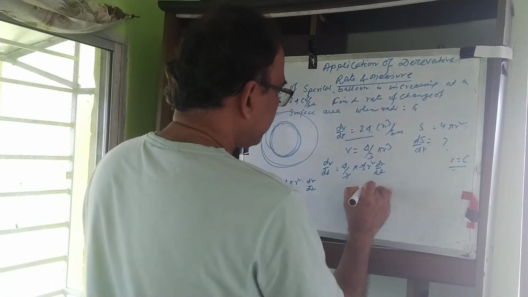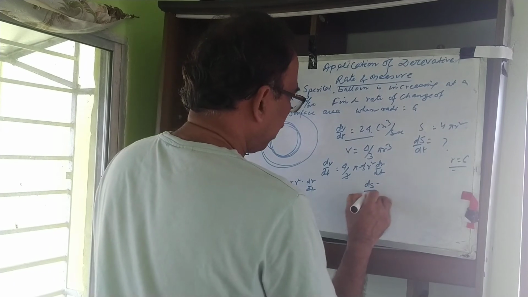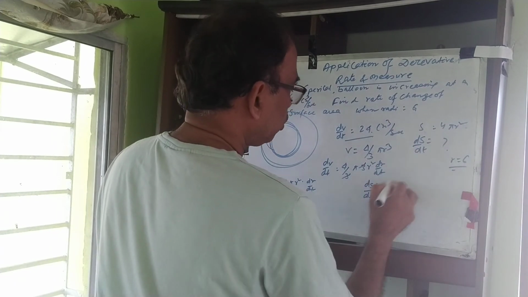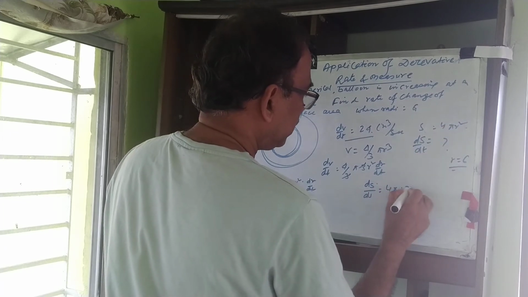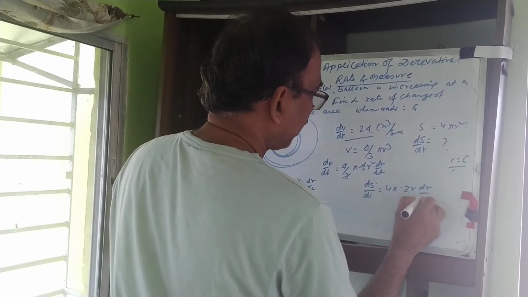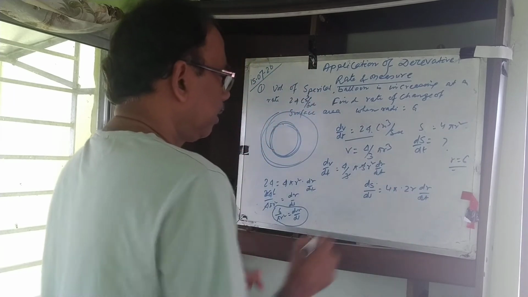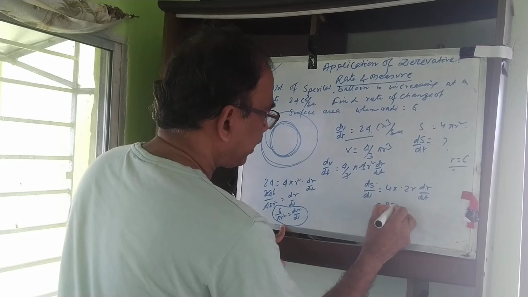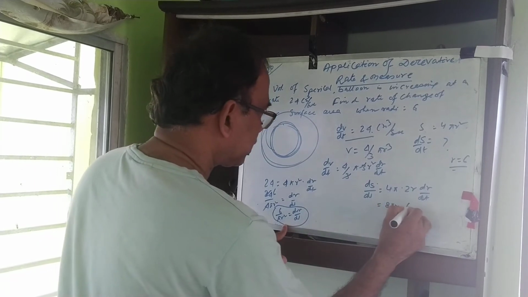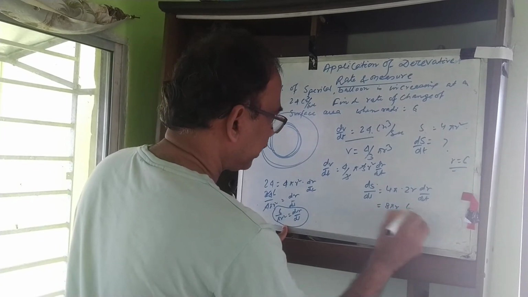What is dS by dt? dS by dt equals 4 pi r square, so differentiating, 8 pi r dr by dt. The dr by dt value we know, it is 6 by pi r square.